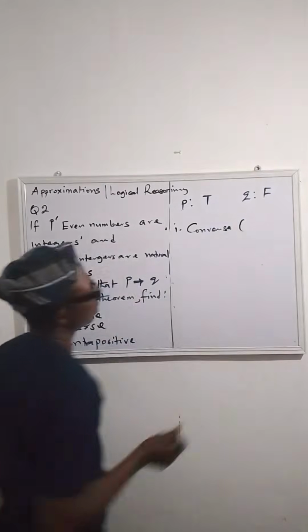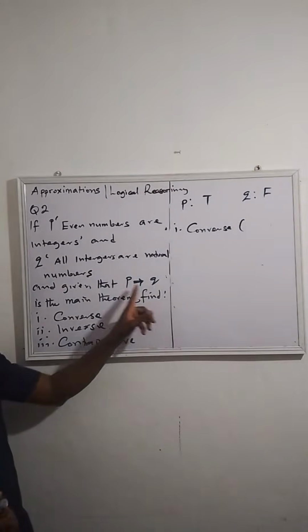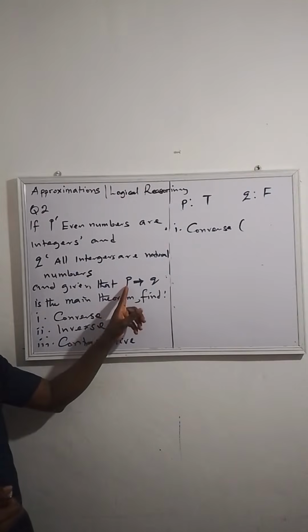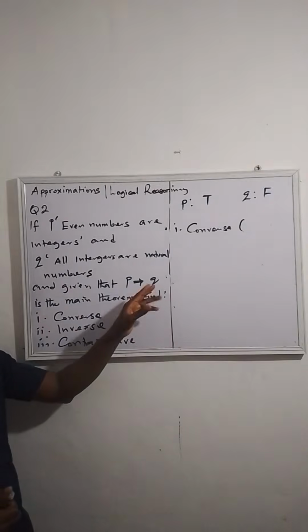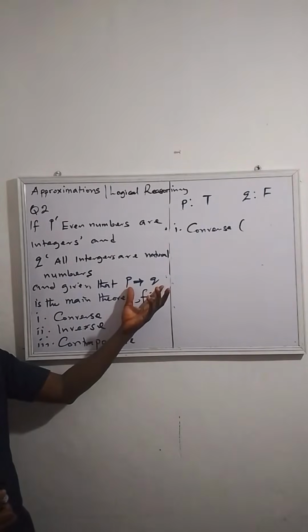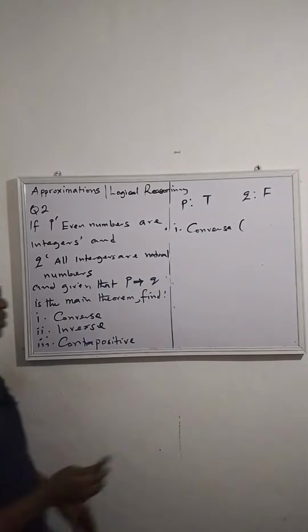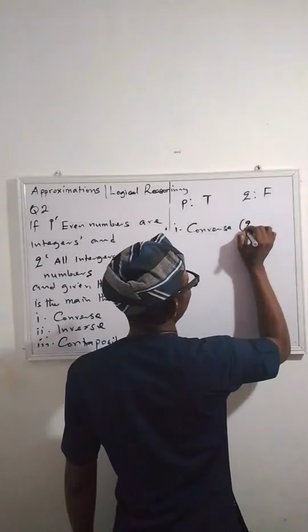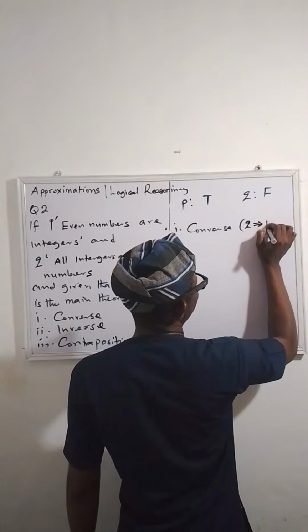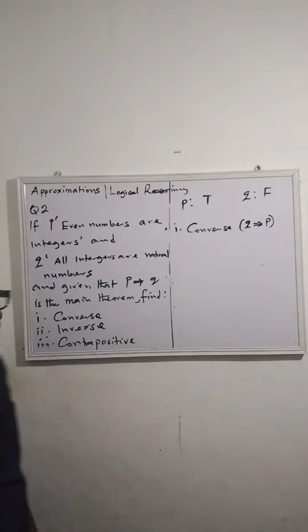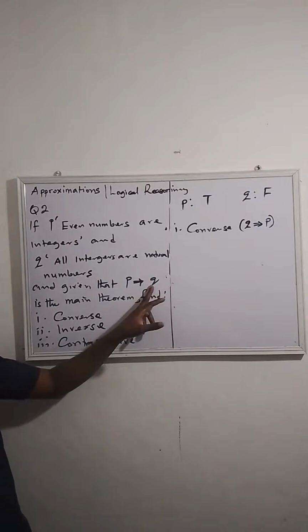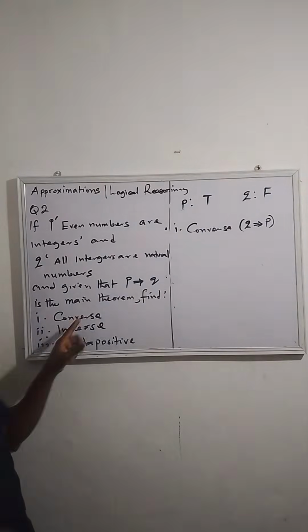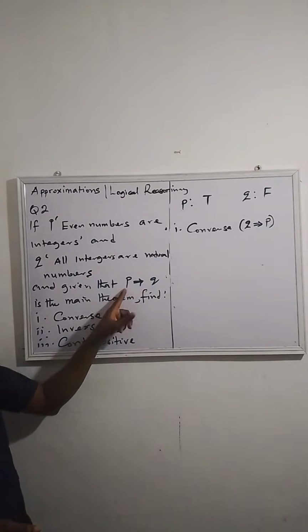Converse is changing the position of the antecedent and consequent. So that means it's going to be Q implies P. That is the converse theorem.